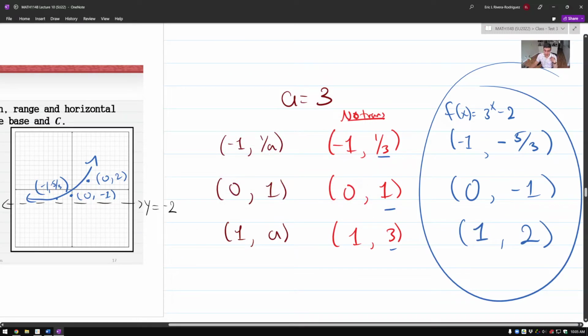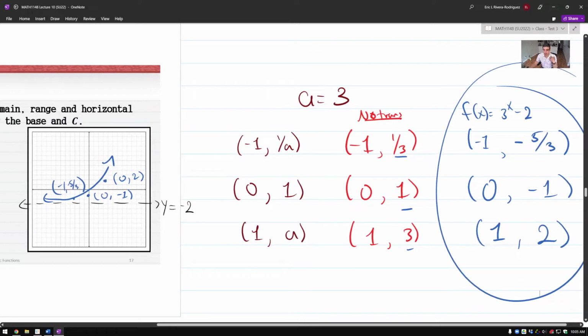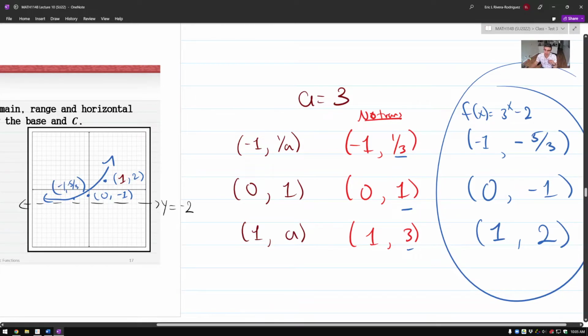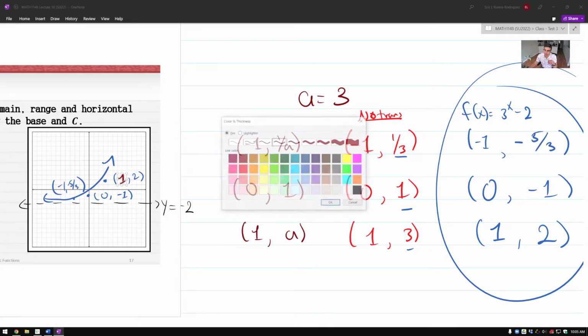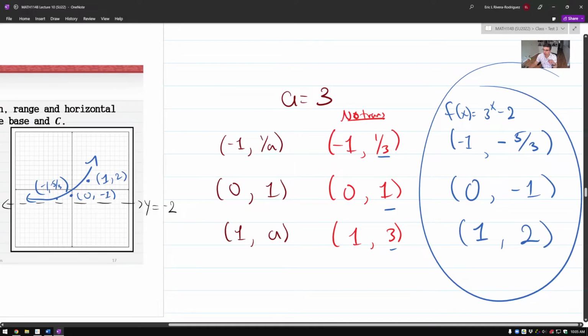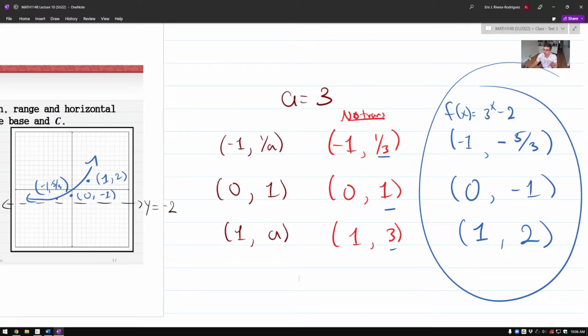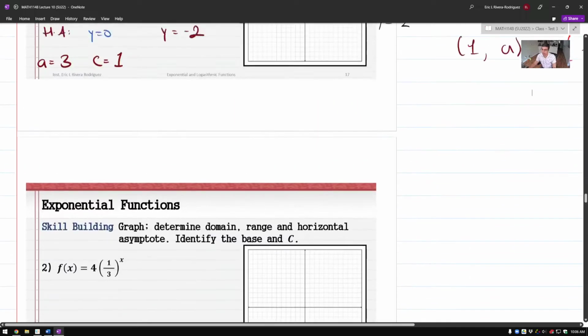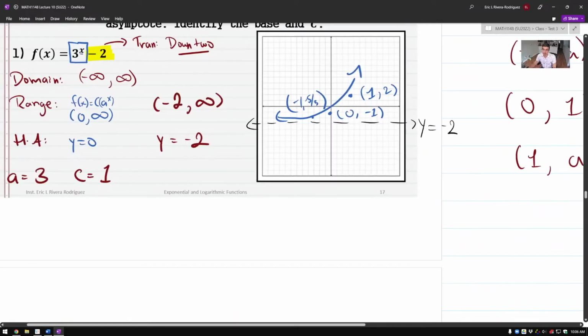It is 1, comma 2. 1, comma 2. And here again, 1, comma 2. Okay, let me double check that everything is here, right? Again, thank you for picking up that mistake I made.